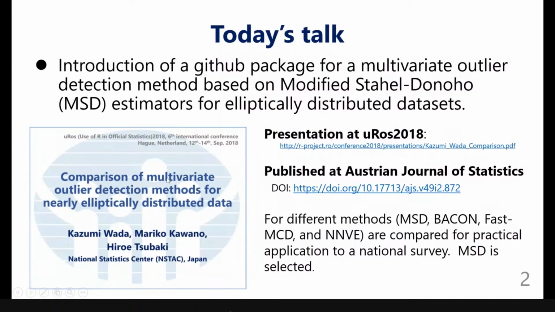In 2018, I made a presentation at uRos about comparing 4 different multivariate outlier detection methods for practical application to a national survey, and MSD was selected. Actually, the work was for data cleaning of hot deck donors. So this year, I decided to prepare a GitHub package of MSD. A related paper regarding the comparison of methods is available here.